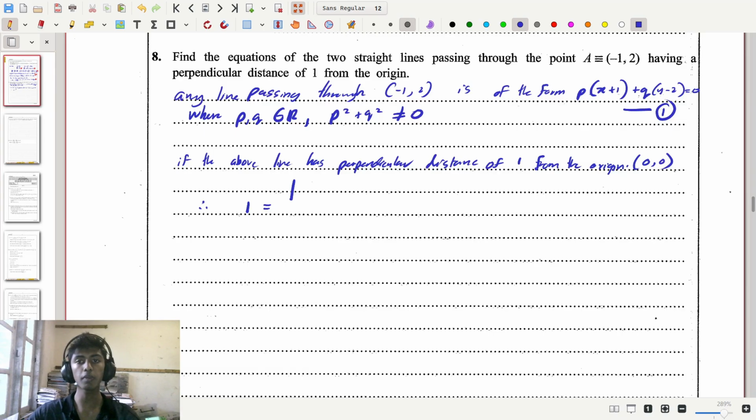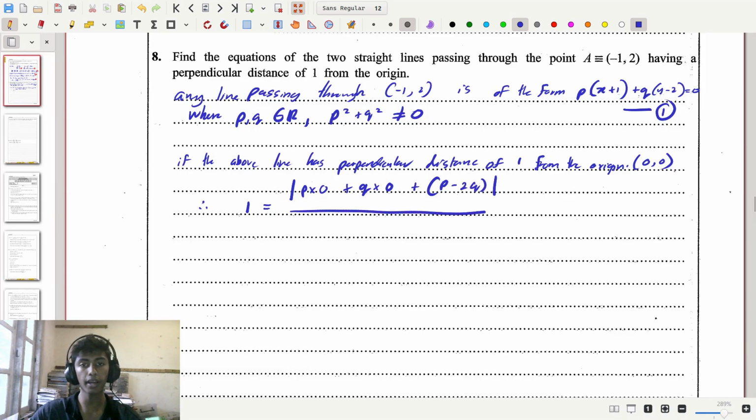In this case that is a, which is p, times h, which is 0, plus b, which is q, since that's the coefficient of y, times k, which is again 0, plus the constant c, which as we discussed is p minus 2q, divided by the square root of a squared plus b squared. Here a, the coefficient of x, is p, and b, the coefficient of y, is q. So therefore, the square root of p squared plus q squared.